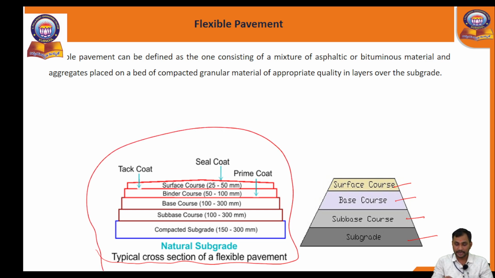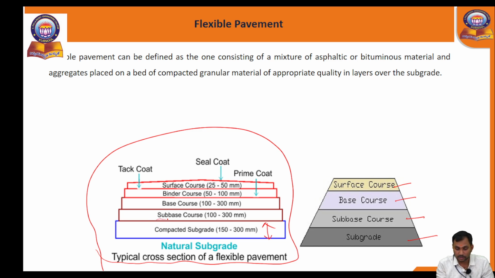See the compacted subgrade layer. We have to excavate and fill the material, 40 mm size aggregates, or a little bit of aggregates plus any type of soil. The layer should be 150 mm to 300 mm for standard.